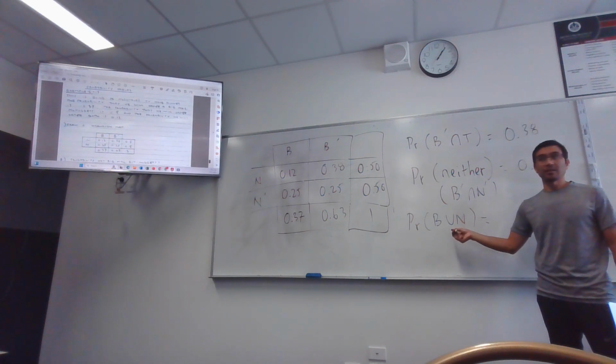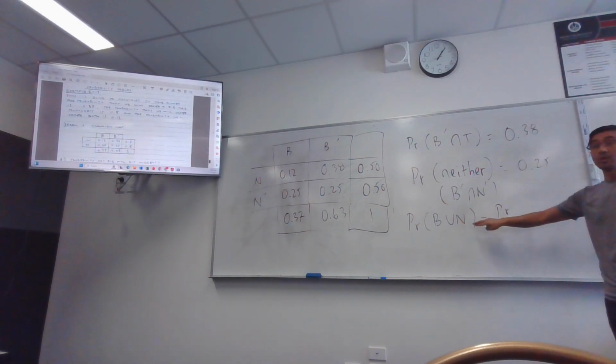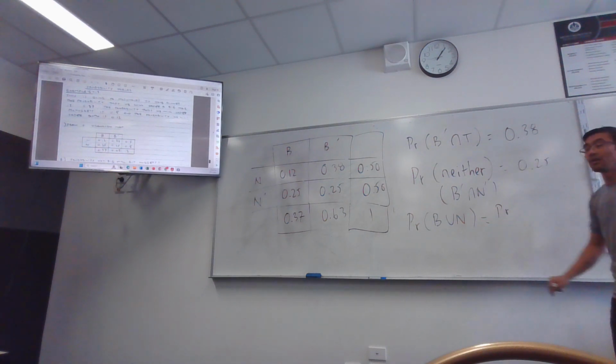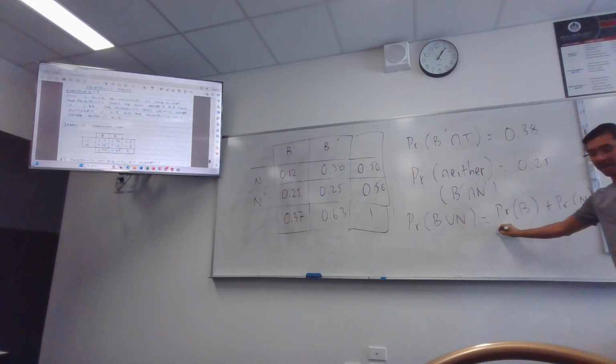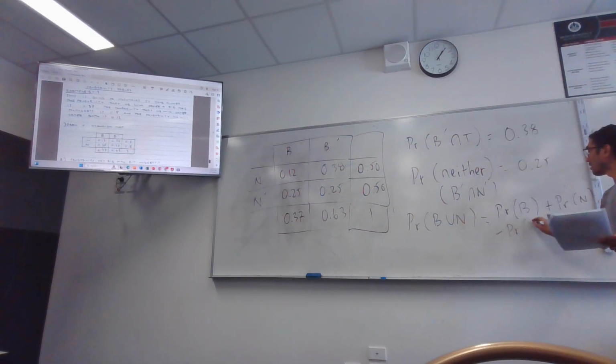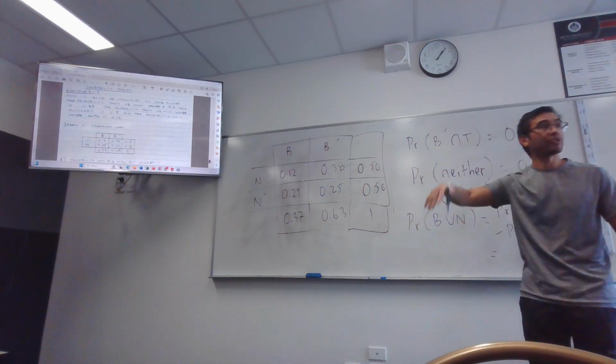Okay. Remember, what rule is this? The addition rule. You add B, add N, but you take away the double count, one of the counts anyway. So this is where the equation can help you if you can't visualize it like a Venn diagram.